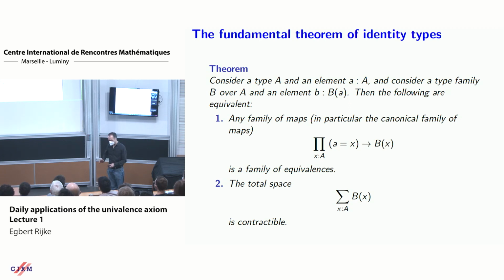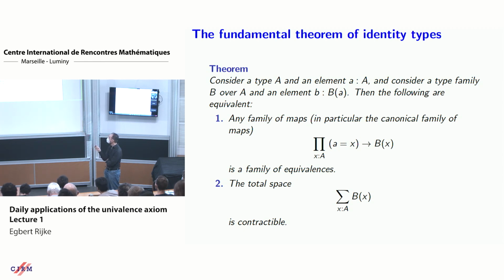And to answer such questions we have a theorem that I like to call the fundamental theorem of identity types. And its purpose is to help you with characterizing the identity type of any given type. And the way it works is this.